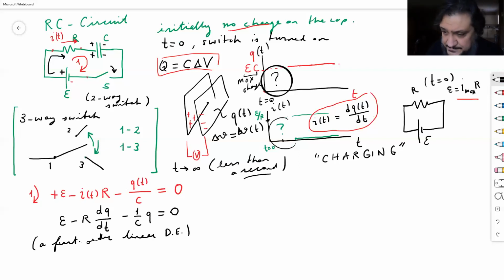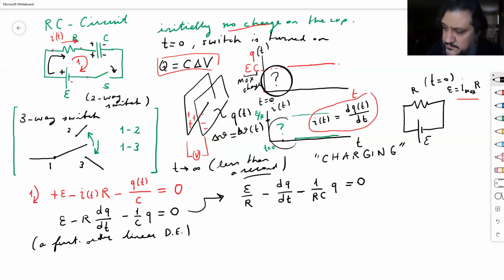All right, let's solve it. Let's divide everything by R first. E over R. I'm going to isolate this dq by dt, that's why I'm dividing by R. So 1 over RC times Q is equal to 0.